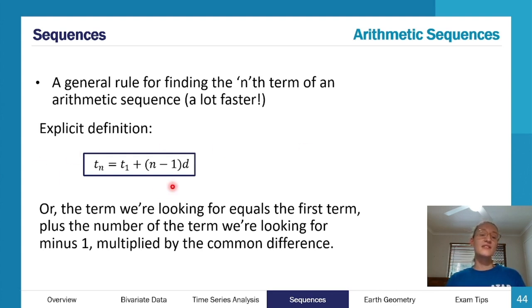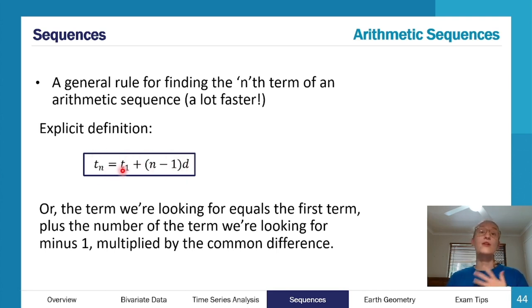And this formula conceptually makes sense in my head because we're saying, okay, the term number I'm looking for is equal to term 1, our starting point, plus this many applications of the common difference.